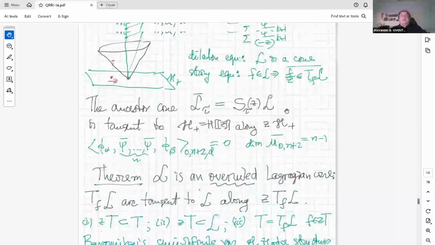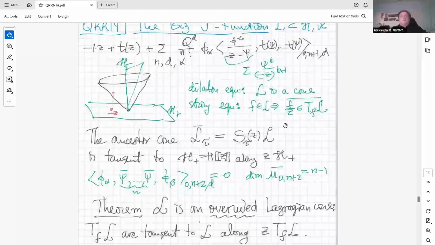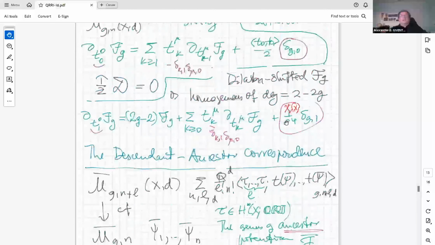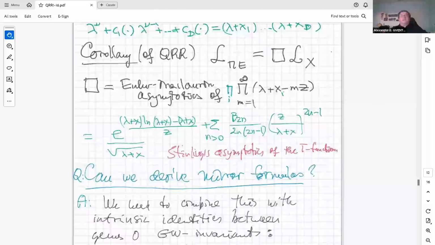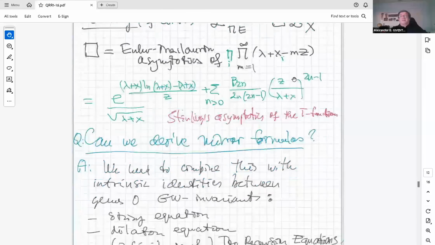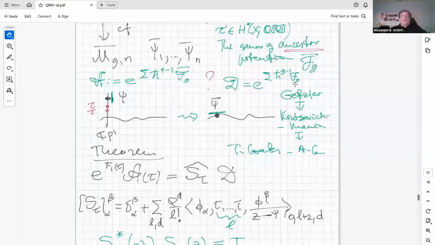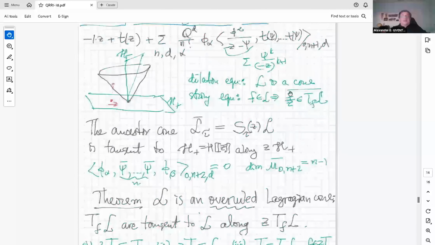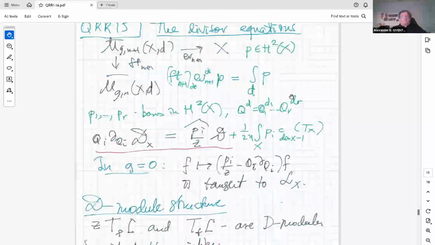So we can hope now to use the power of all of these things together to extract useful consequences. Yet it turns out that it's not enough.